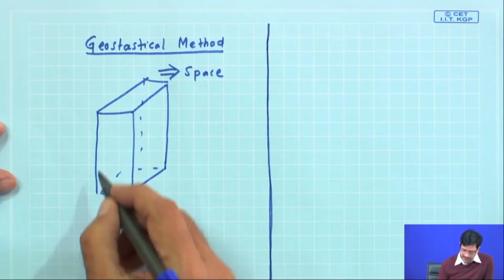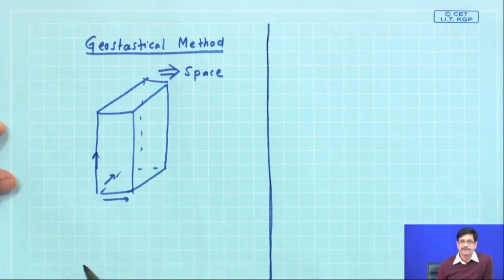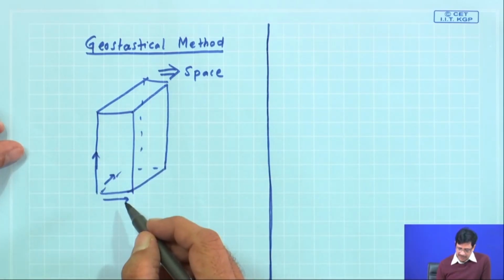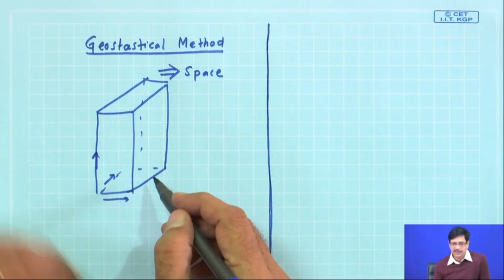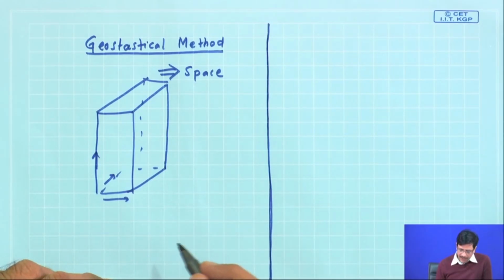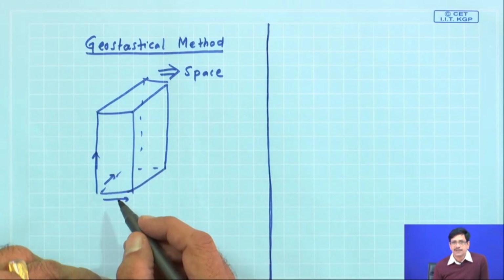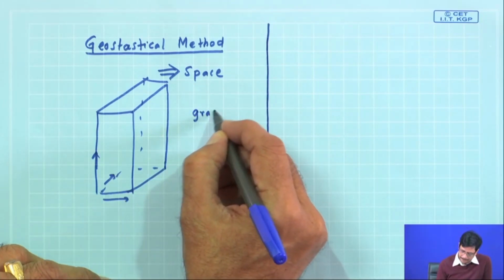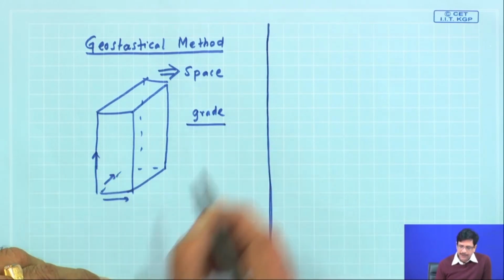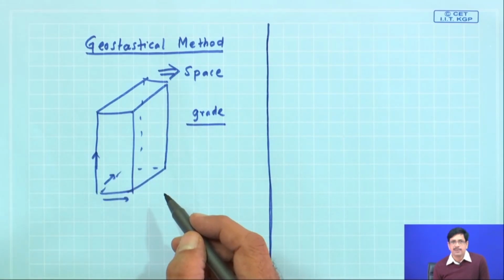It has dimensions of length, breadth and height, and extends in 3 dimensions x, y and z. We are talking about the parameter which is the grade of the ore body.